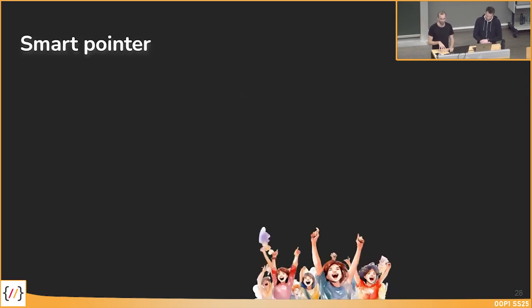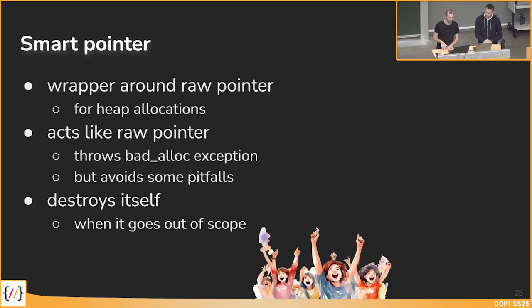So smart pointers are a great solution for that. They are their own classes wrapped around these normal pointers, so they act like the real pointer. They can also throw bad alloc exceptions, for example, if you use the heap. But they destroy themselves on their own.